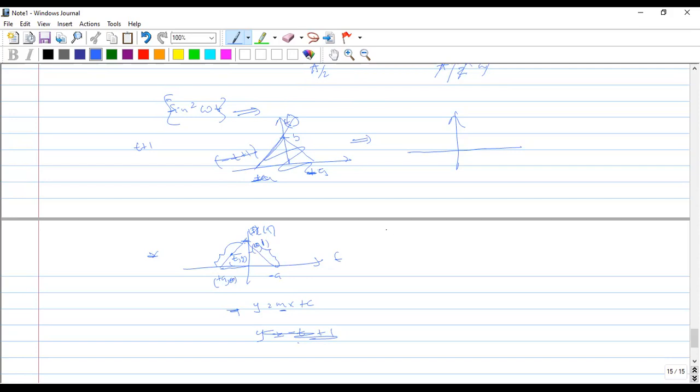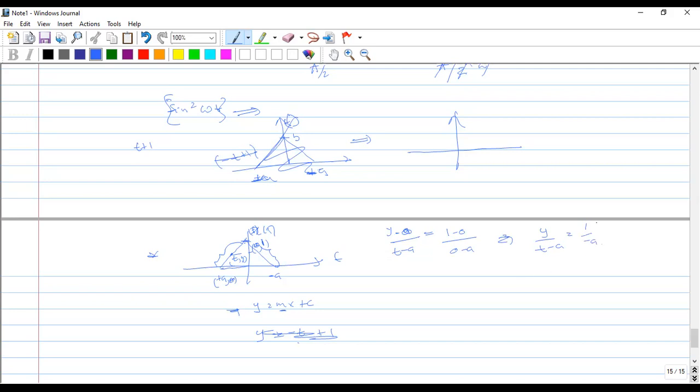So you have 2 points, and you can equate the gradient: (y minus 0) by (t minus a) equal to (1 minus 0) by (0 minus a).